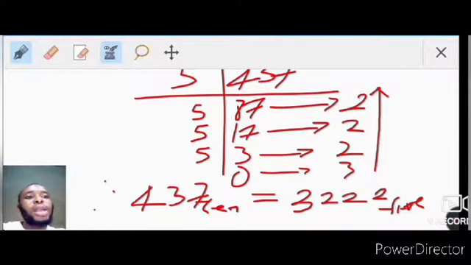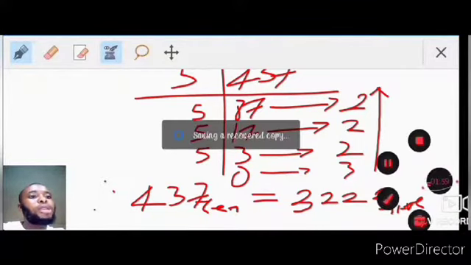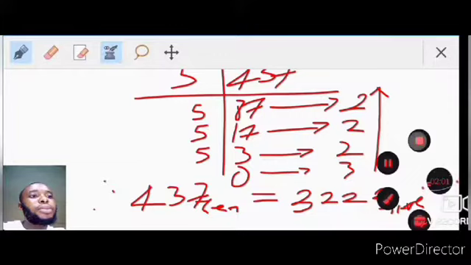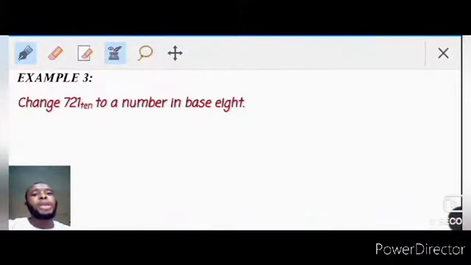Let us look at our next example. Example 3: Change 721 base 10 to a number in base 8.